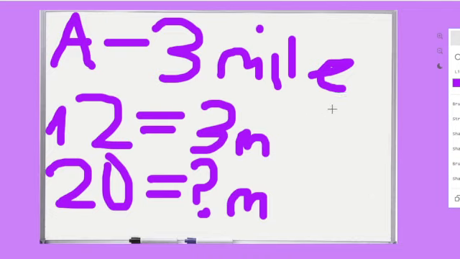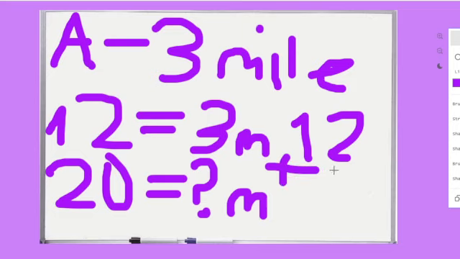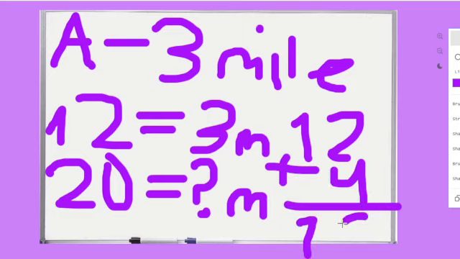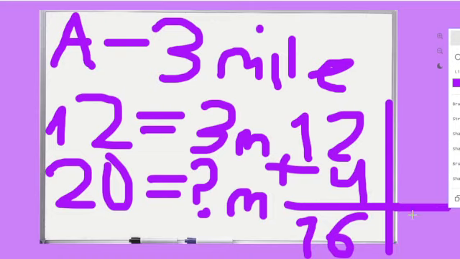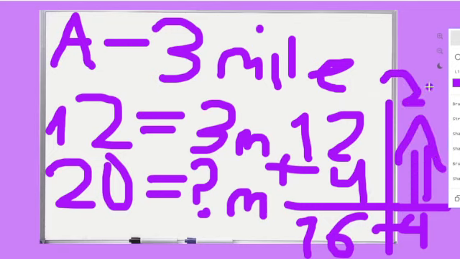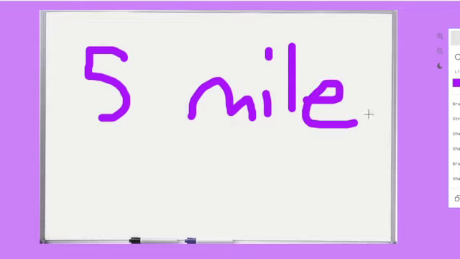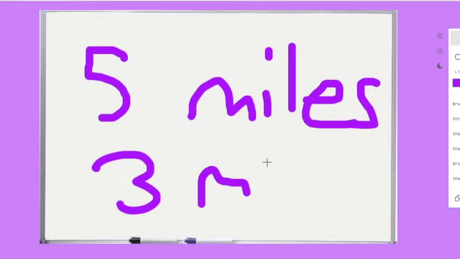So we're gonna try seeing what, so you know that 12 plus 4 equals 16, which means that would be 4 miles. 12 plus 8 is equal to 20, which means that runner B ran 5 miles while runner A ran 3 miles.